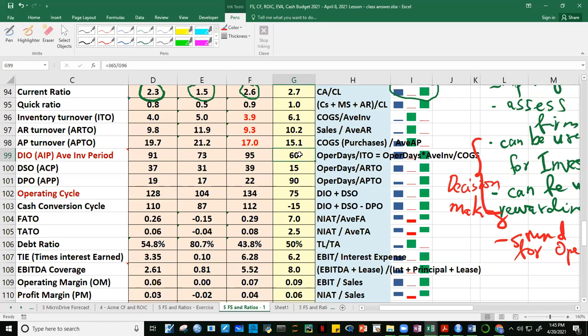So compared to the benchmark company, talong-talo sila. In fact, last year, naka 73 days na sila, no? On the average. Ngayon, umakyat ng 22 days. Okay? So from both sides, talo na nga sila ng competitor nila, tapos nag-deteriorate pa yung collection period nila.